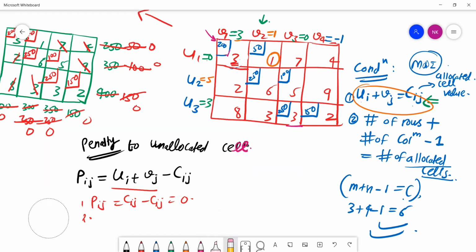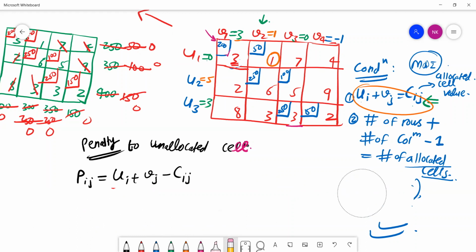So let's calculate Pij for all the unallocated cells. Let's say P11 is allocated, P12 is allocated, this P13 is unallocated. P13 is equal to U1 plus V3 minus C13. It's U1 that is 0, plus V3 is 0, minus C13, that is the value of the cell, that is minus 7.